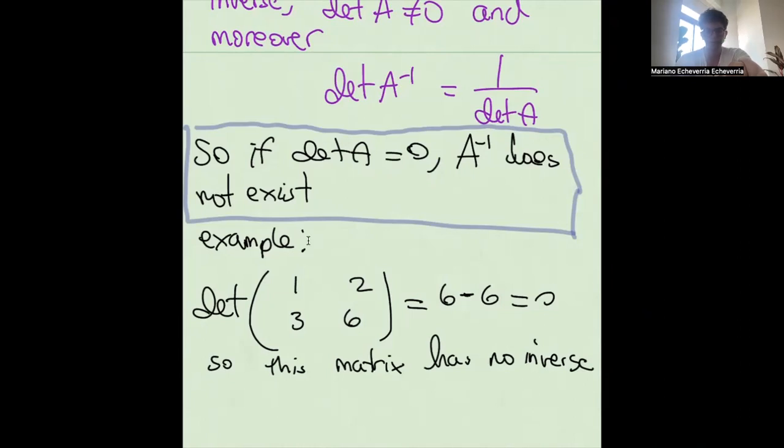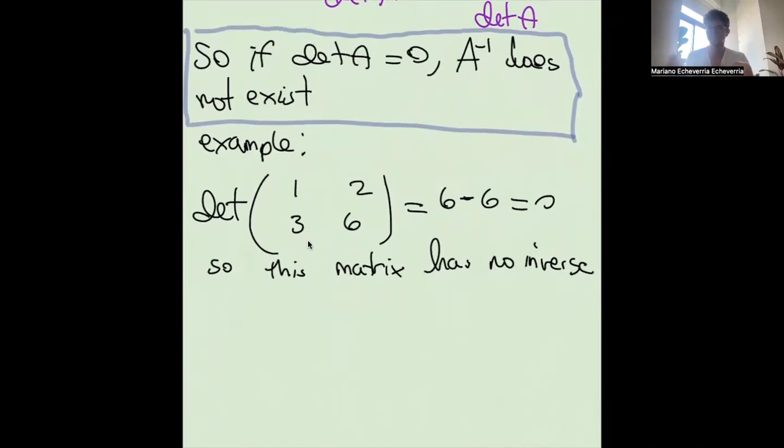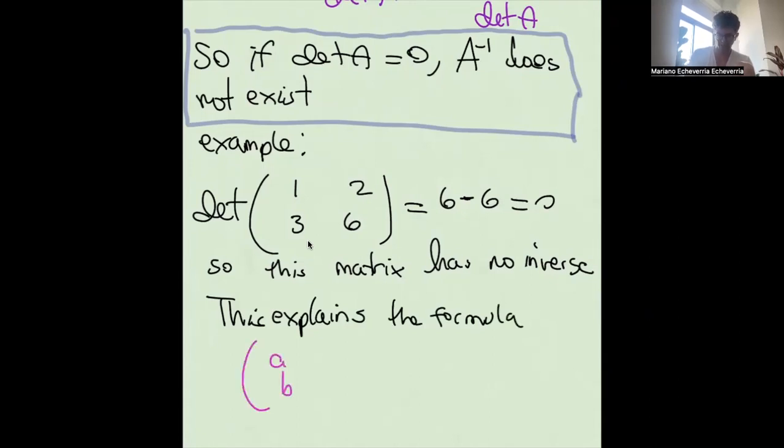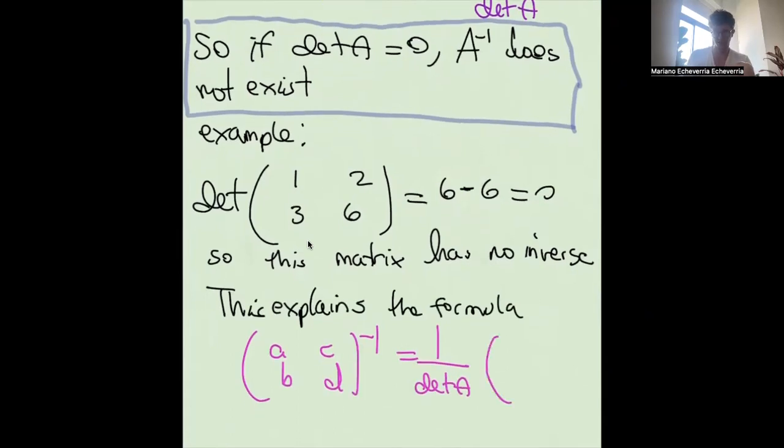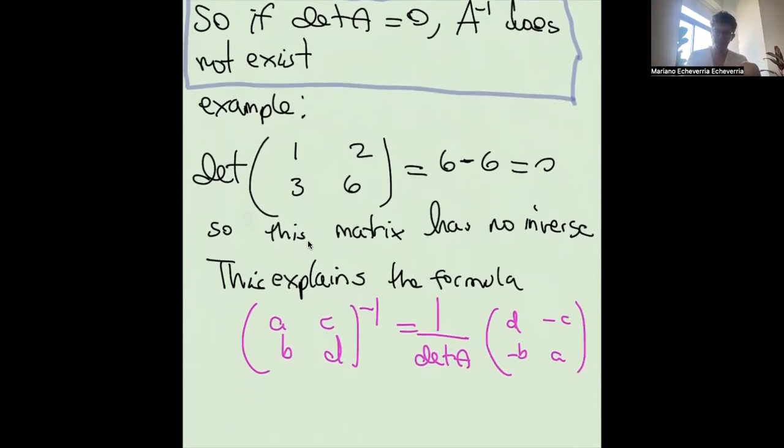This also explains why the inverse of A, B, C, D is 1 over the determinant times D, minus B, minus C, A. So there's this easy formula for the inverse of a 2x2 matrix.